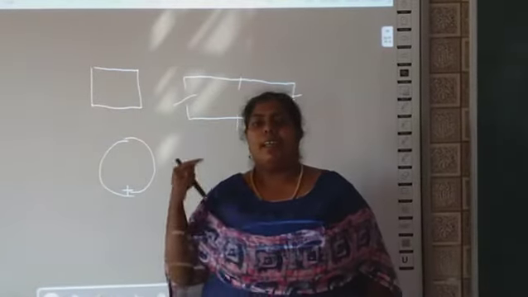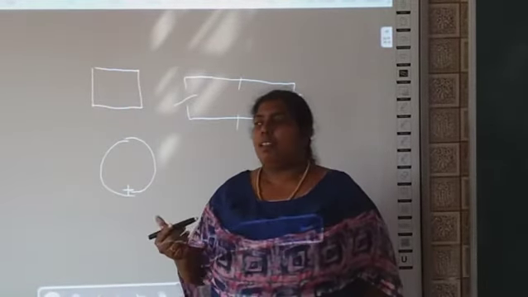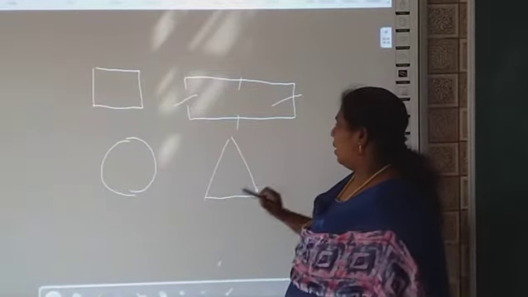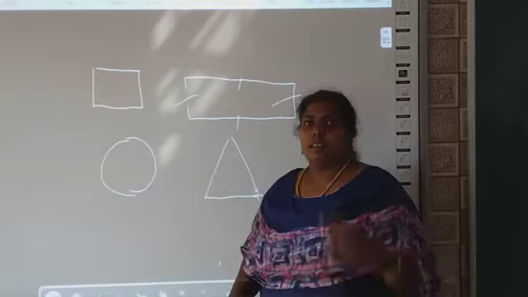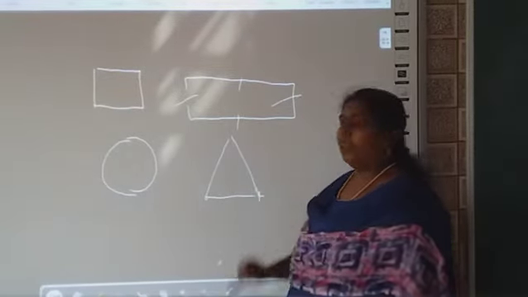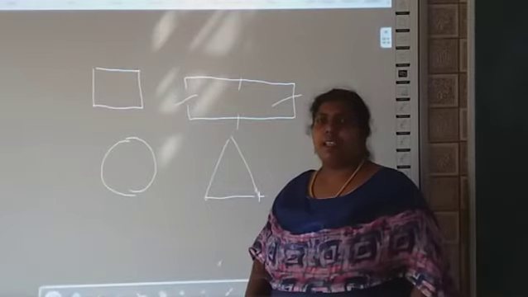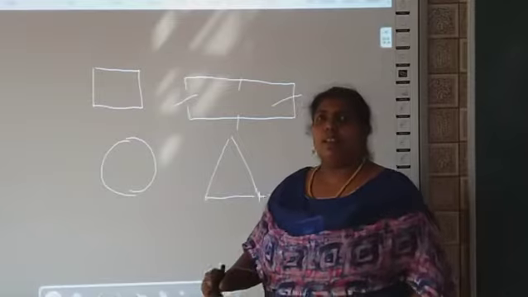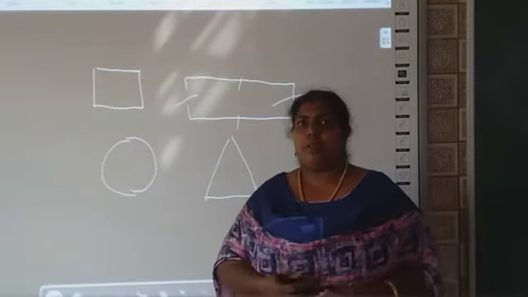No corner and no sides. Then triangle. In triangle, how many sides? 3 sides. Then 3 corners. 3 sides and 3 corners. These 4 shapes are basic shapes, right?